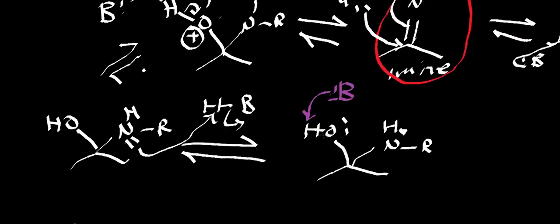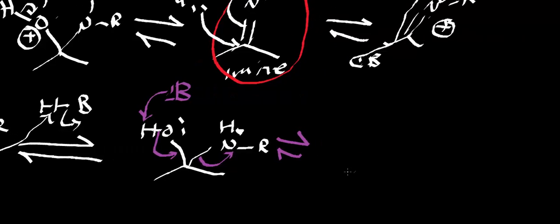What's essentially going to happen is the bond between the hydrogen and the oxygen comes back and reforms a pi bond, and that effectively kicks the electrons back up onto the nitrogen. So our final product, in any case, is going to be regenerating the ketone that we had. Okay, so again, all of these steps are equilibrium reactions.